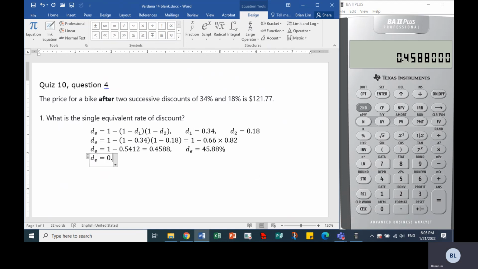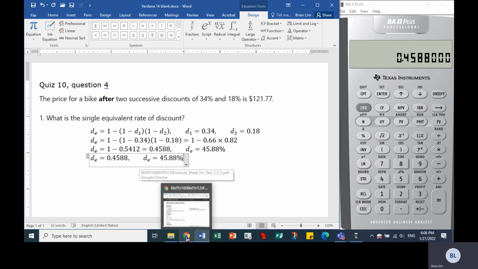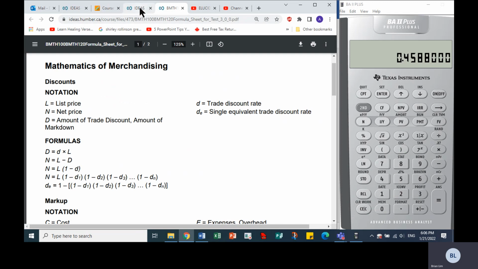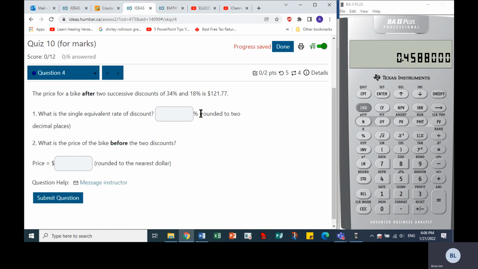D sub E is equal to 0.4588, or expressed as a percent, it would be 45.88%. Now let's see what is required for the answer. The answer is rounded to 2 decimal places, and it has to be as a percent. So the answer is indeed 45.88.